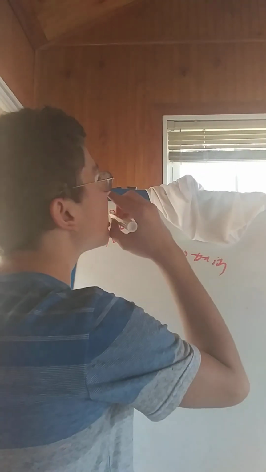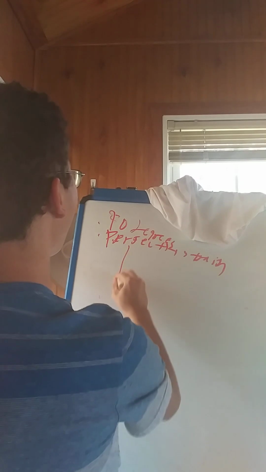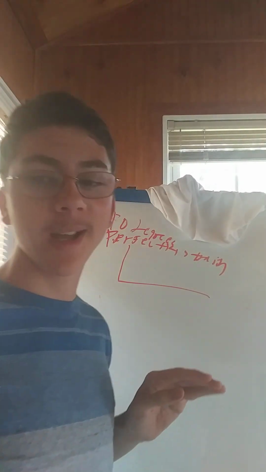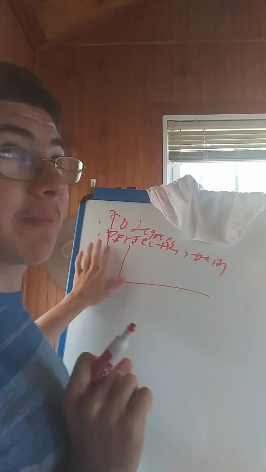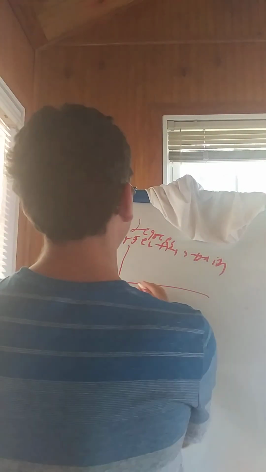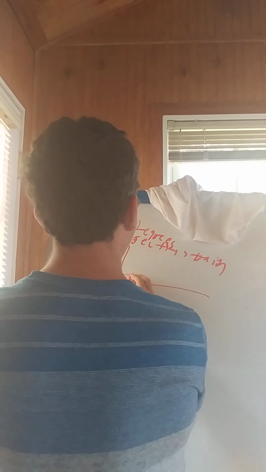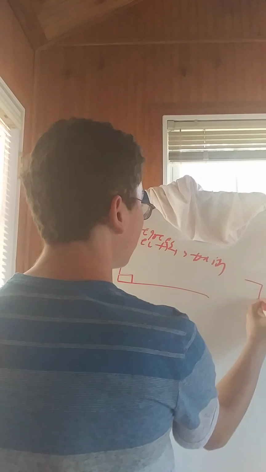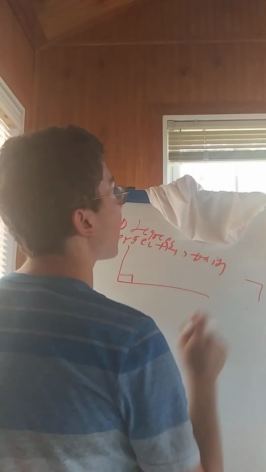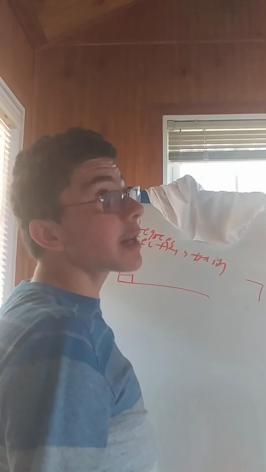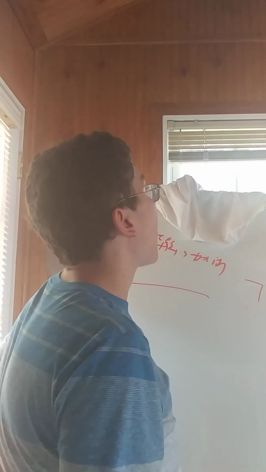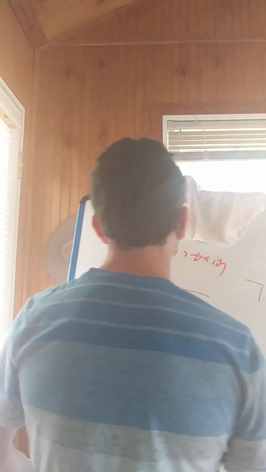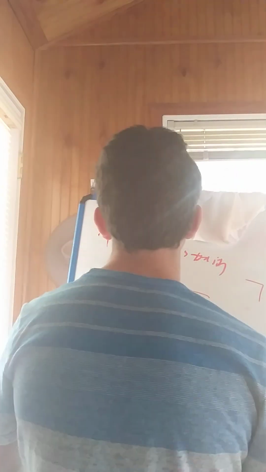So, let's just start out with this one here. Okay, so this shape right here has a little, this is a symbol for right angles. Okay, I can draw that into any shape that is connected, where all the sides of the shape are connected.